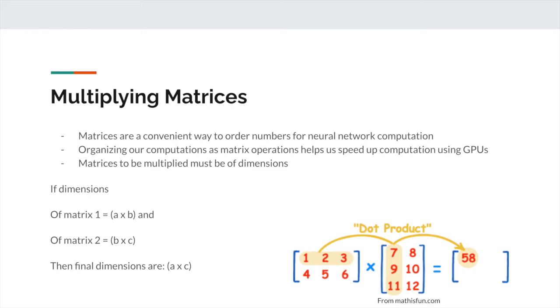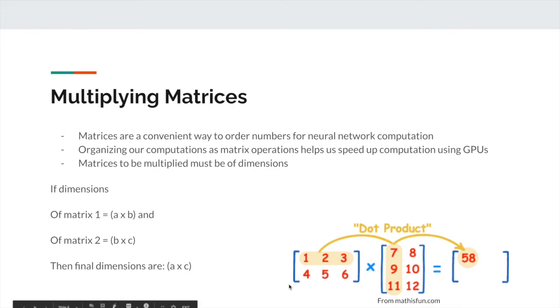So graphics processing units, which are popular for gaming, are very good at performing lots and lots of matrix multiplications. So if we can formalize our forward propagation steps in terms of matrix multiplication, we end up having a drastic speed up in the speed it takes for forward propagation.